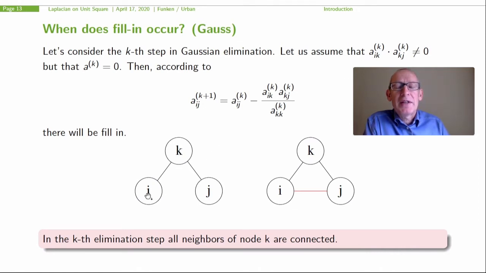And both elements, we have entry A_ik, so in the adjacency matrix A_ik is non-zero, and also in the adjacency matrix A_kj is non-zero. So these entries in the matrix are not vanishing. That means the product is not vanishing. This is the rule for the elimination procedure in the Gauss elimination.